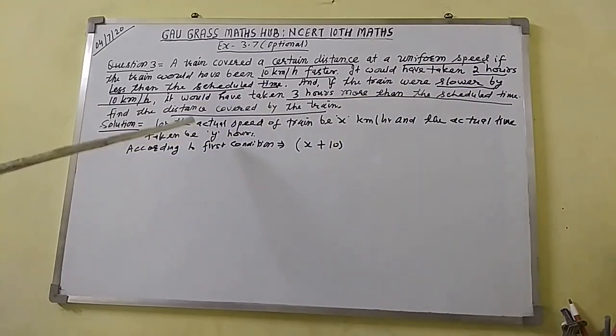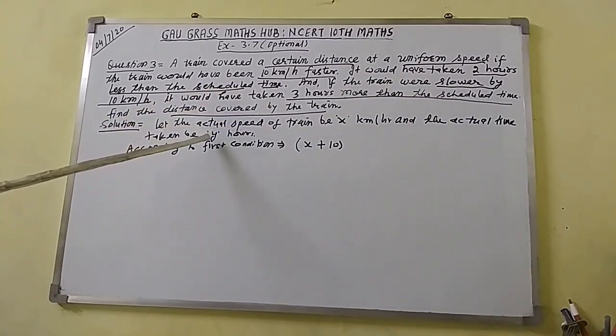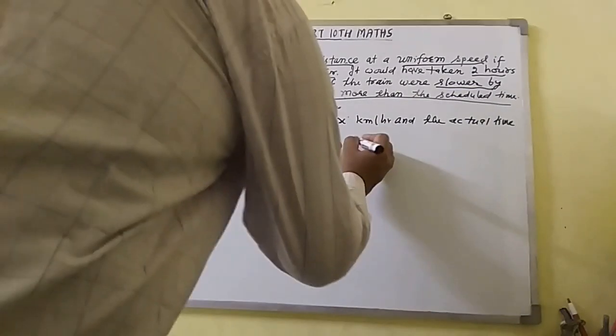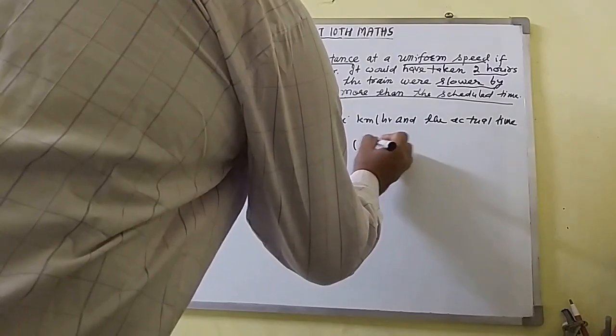Here the scheduled time is the actual time taken by the train, y hours. So this y hours is the scheduled time. So here 2 hours less, this means that y minus 2.